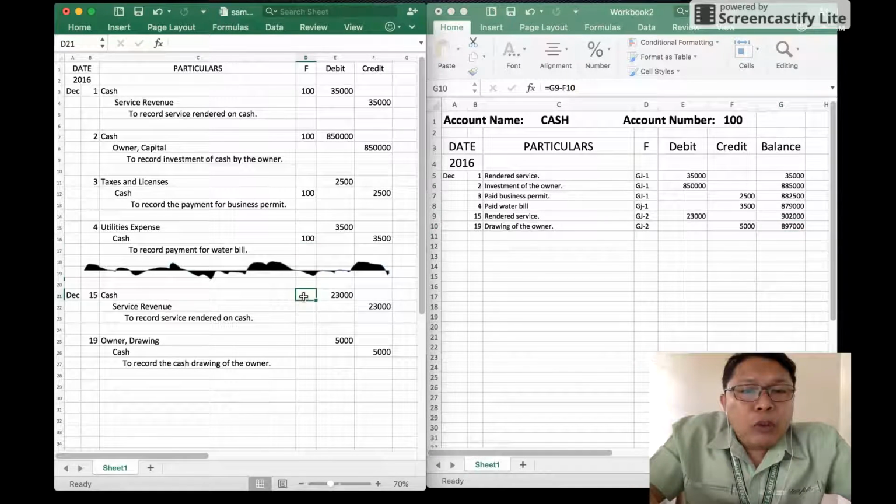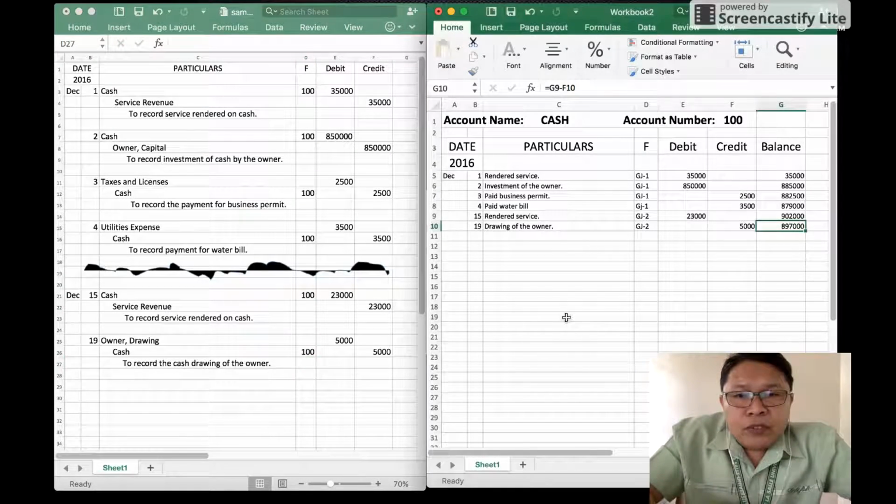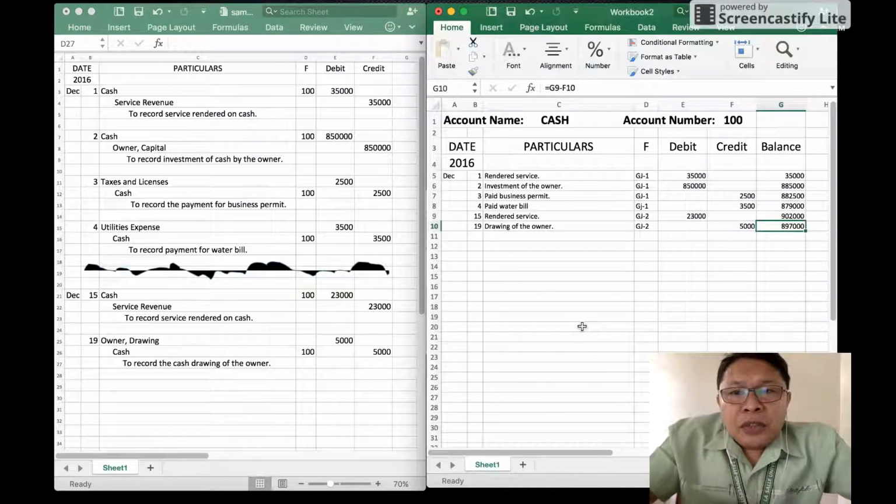Going back to our general journal, we have to write 100 because it's already transferred. Another 100 as it is already transferred. So that is how we do the posting. This process must be done in all of the accounts appearing in your general journal. So that means if you're done with cash and your next is to record on the account receivable, then you have to do the same.